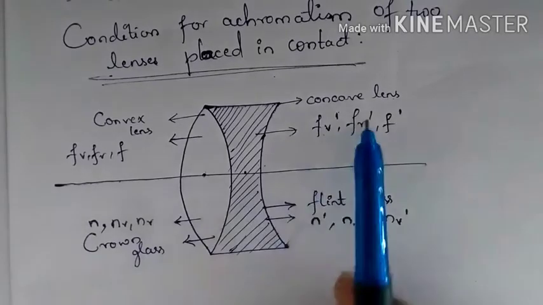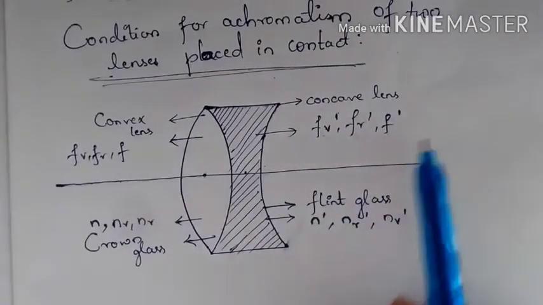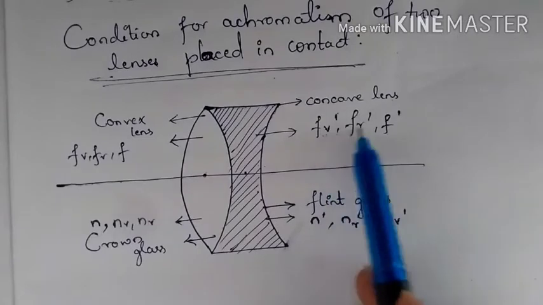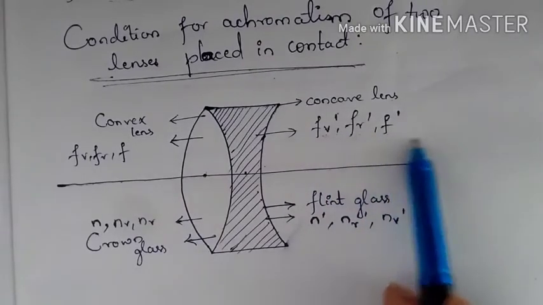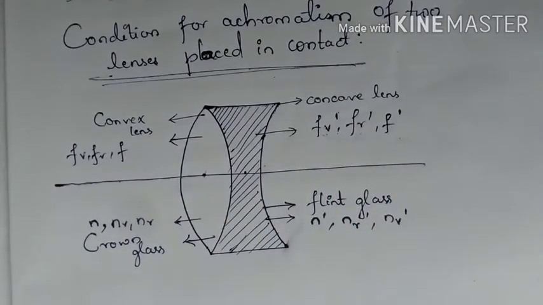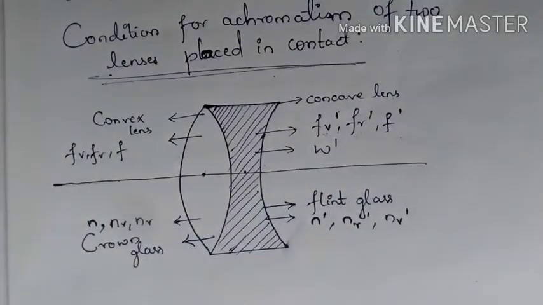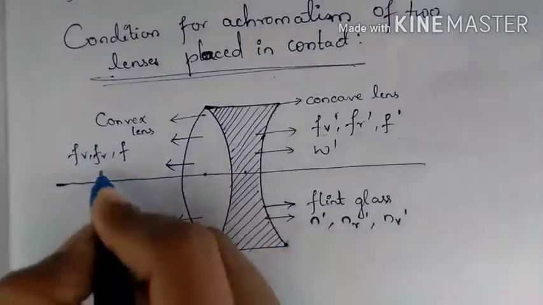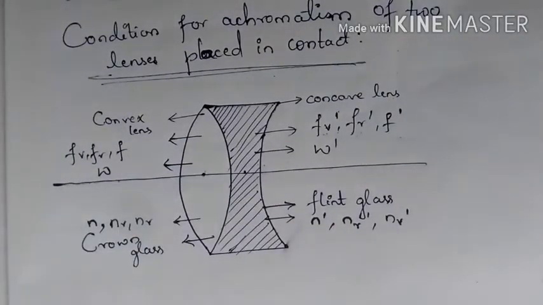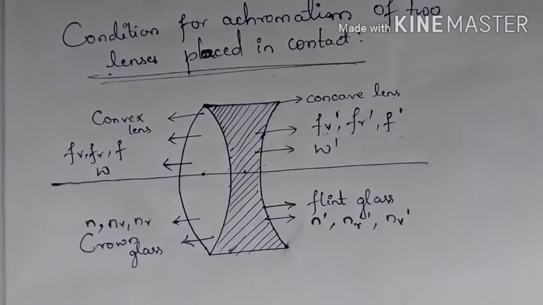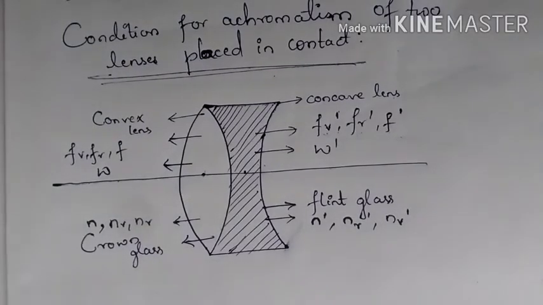You have three different focal lengths, for the violet ray, the red ray and the mean ray, denoted by fv, fr and f. Omega prime is the dispersive power for the concave lens and omega is the dispersive power for the convex lens. Hope this is all clear to you.